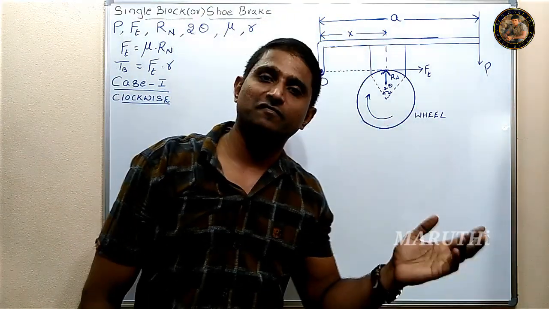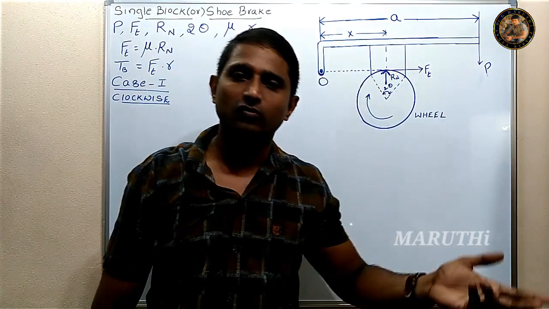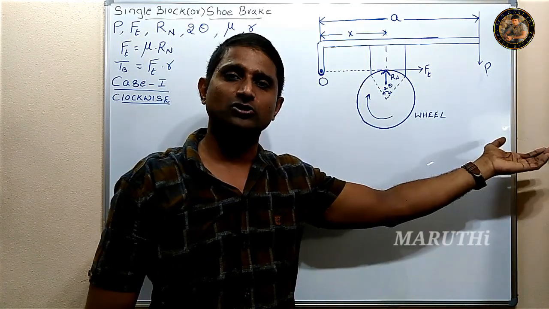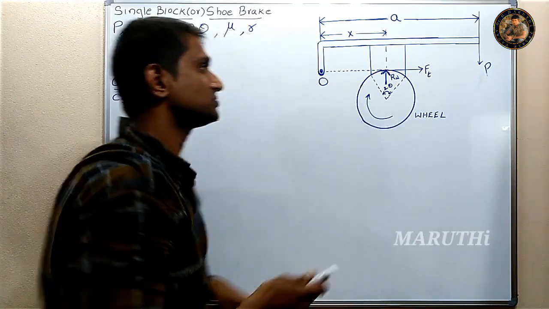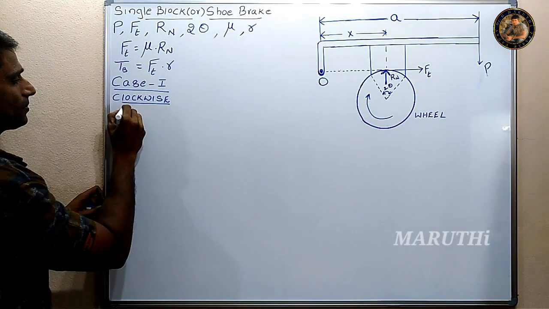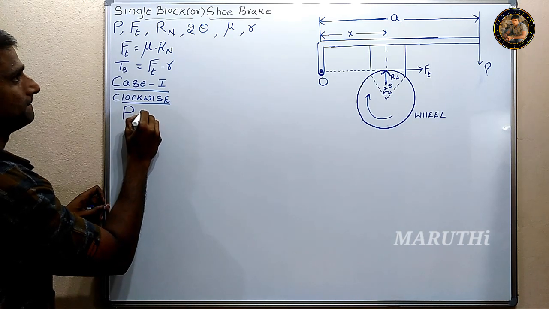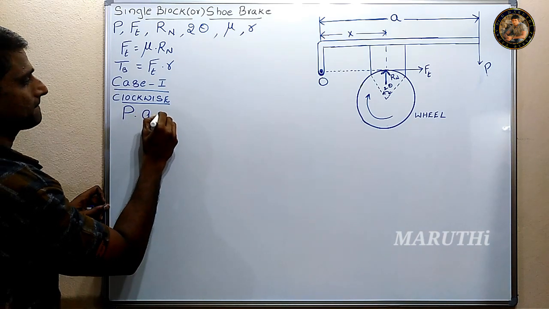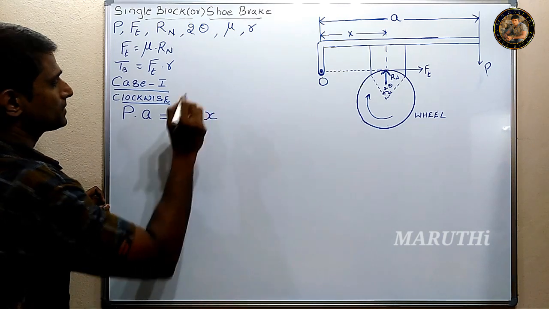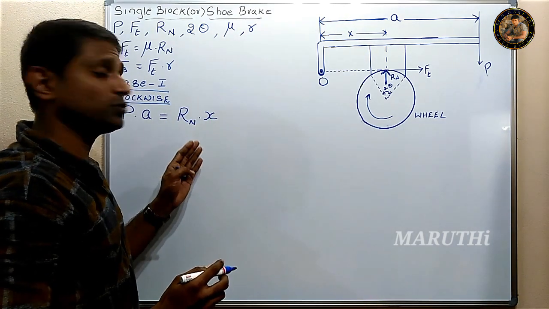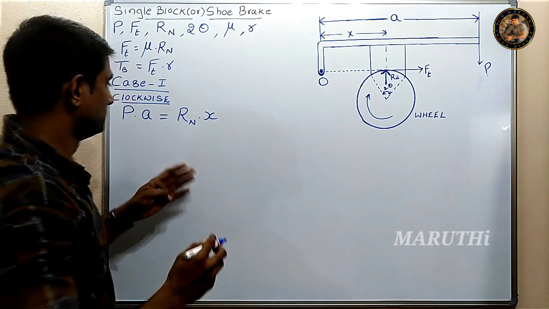Whereas moment because of Ft is 0 because it is passing through fulcrum. So clockwise moment because of P is equal to counterclockwise moment because of Rn. So that's why you will get P into A is equal to Rn into x.